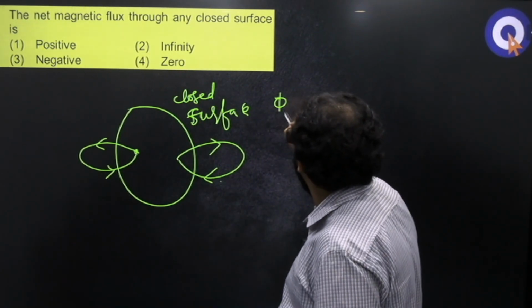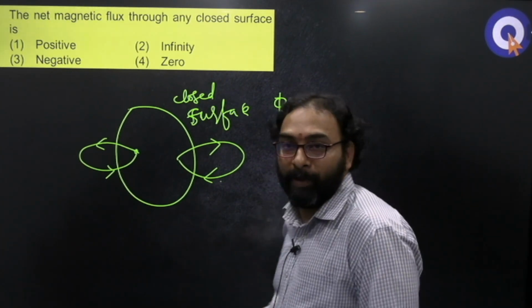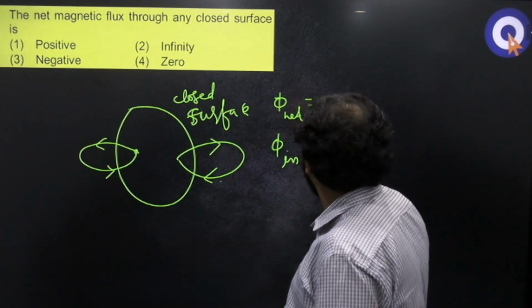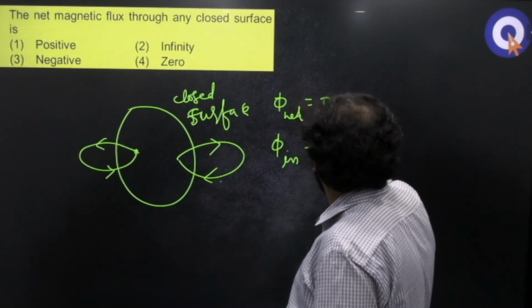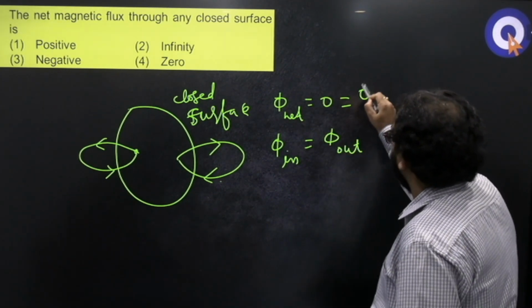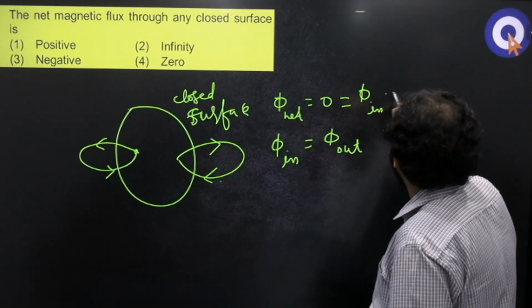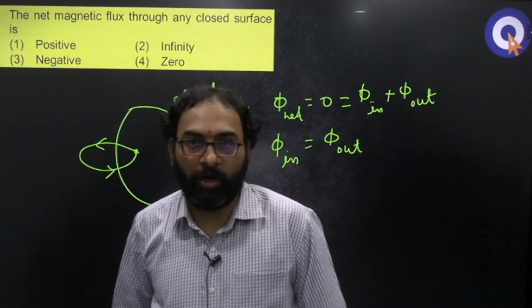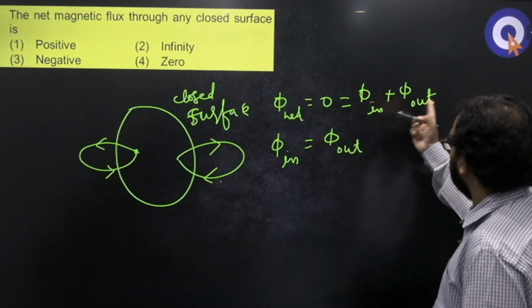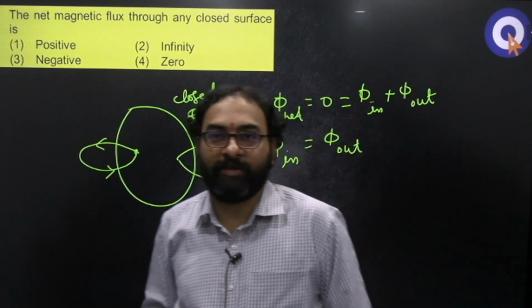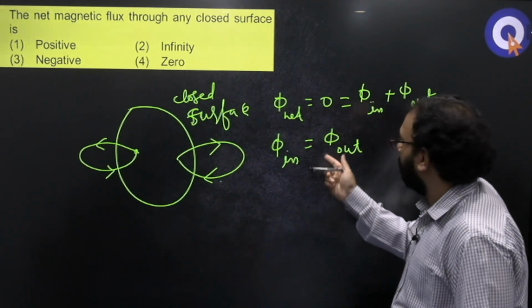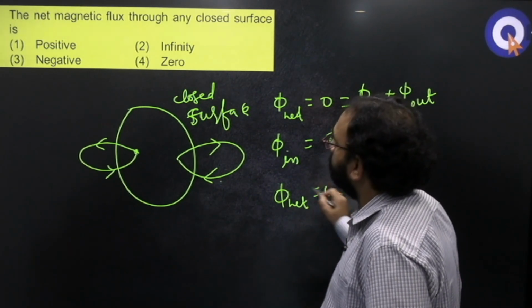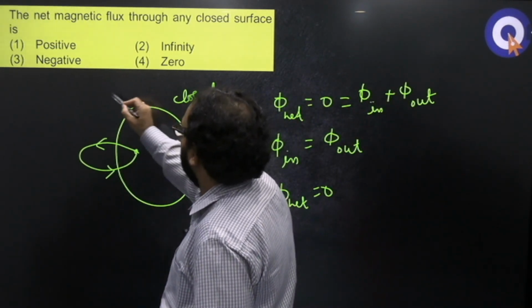The net magnetic flux will be 0, since inward flux equals outward flux, and net flux is inward flux plus outward flux. If you consider the outward flux to be positive and inward flux to be negative, they are equal in magnitude and opposite in sign. So the net flux will be 0, phi net will be 0. So the option is the fourth option.